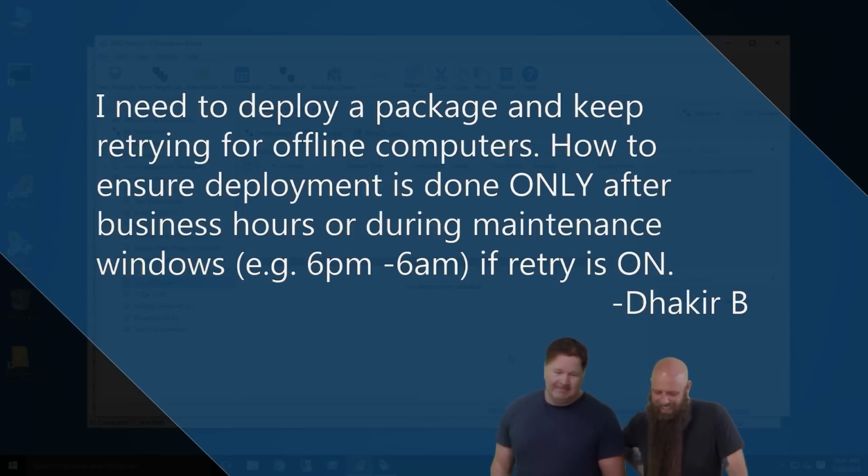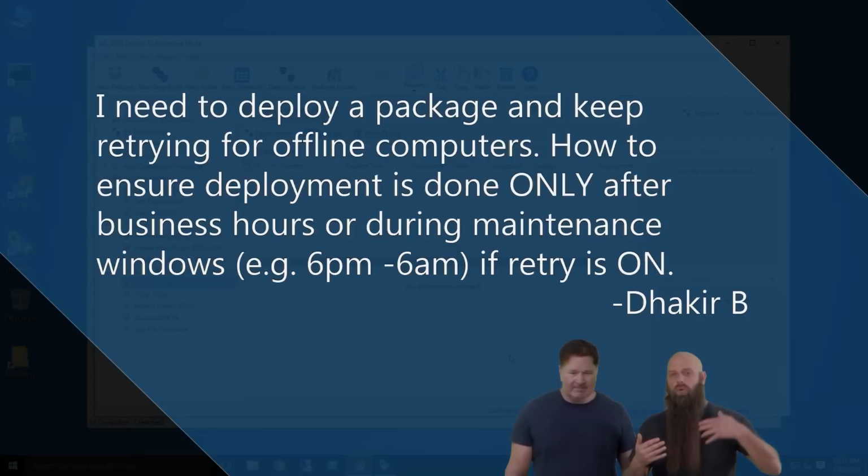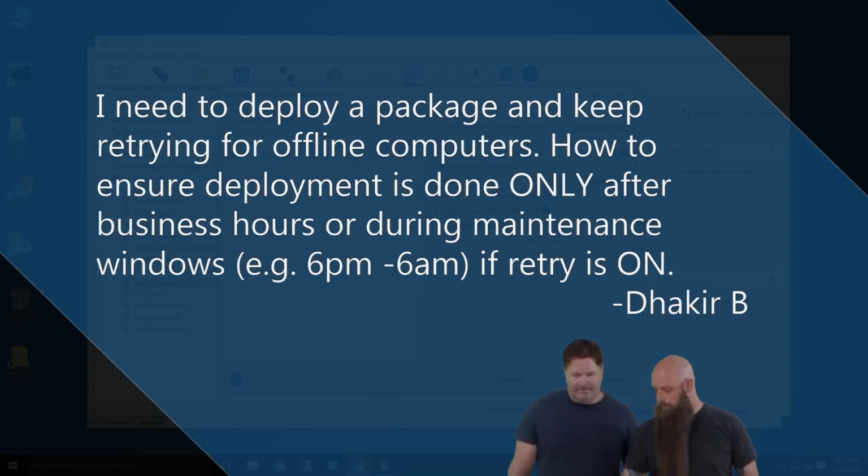What you're going to need to do, let's say that you could kind of get there. Let's say 6 p.m. to 6 a.m. Whatever your interval was set at, Dakir, I'm going to do a schedule for this package, and I'm going to have options, retry queue, yes.